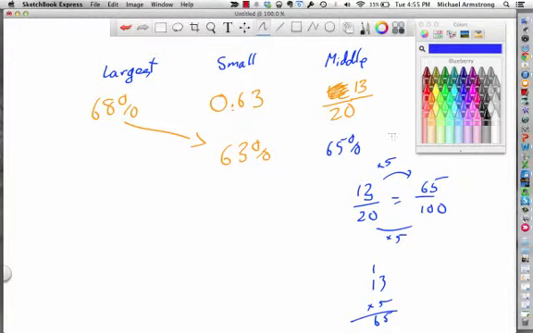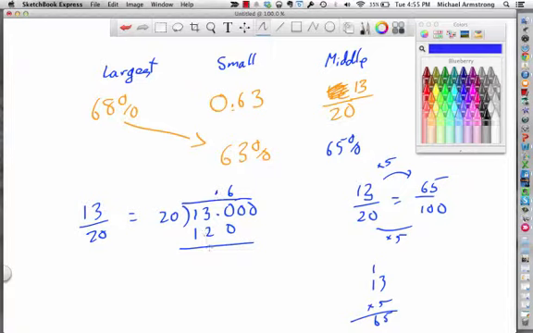Okay, you got to do a little work, you got to do a little math. Now you can also do long division, but most of us don't like to do that. 13 over 20 is the same as 20 into 13. You got to add a decimal and some zeros. 2 goes into 12 6 times. 20 times 6 is going to be 120.